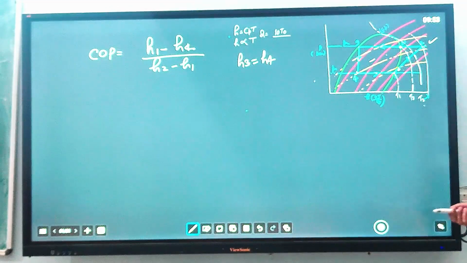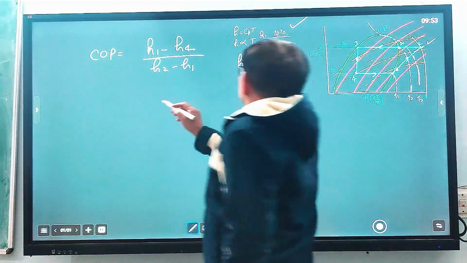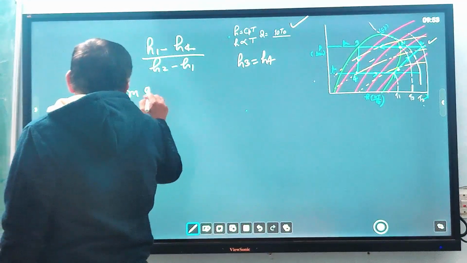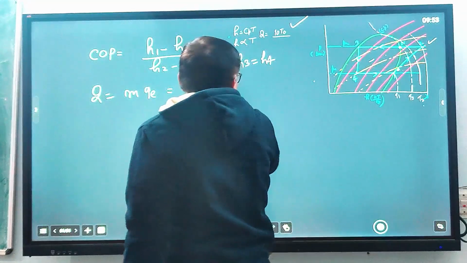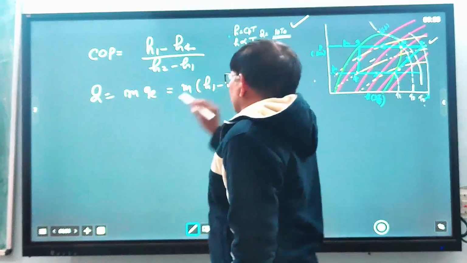Other things you have to find out: what is the mass flow rate, because tonnage Q is given. Suppose Q equals M into cooling effect, QE equals M into (H1 minus H4). Then suppose it is given as 10 ton.